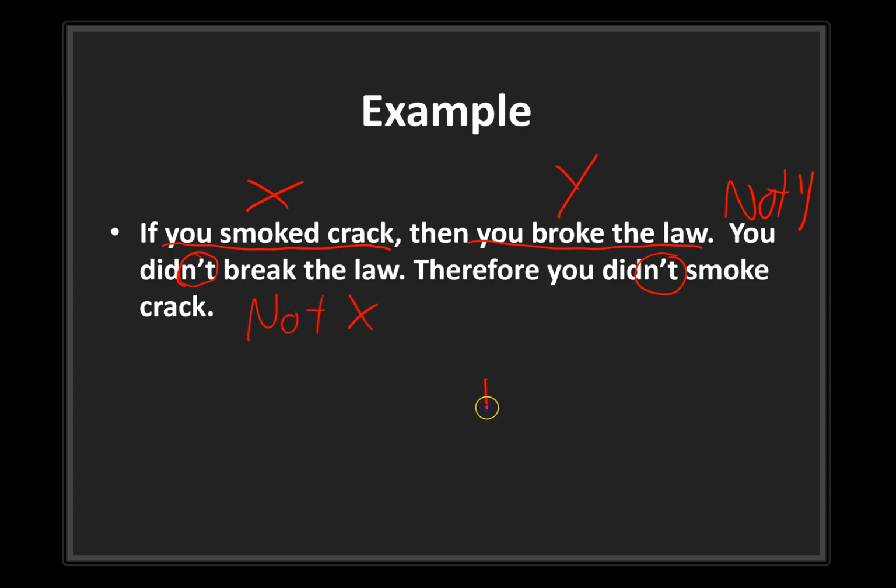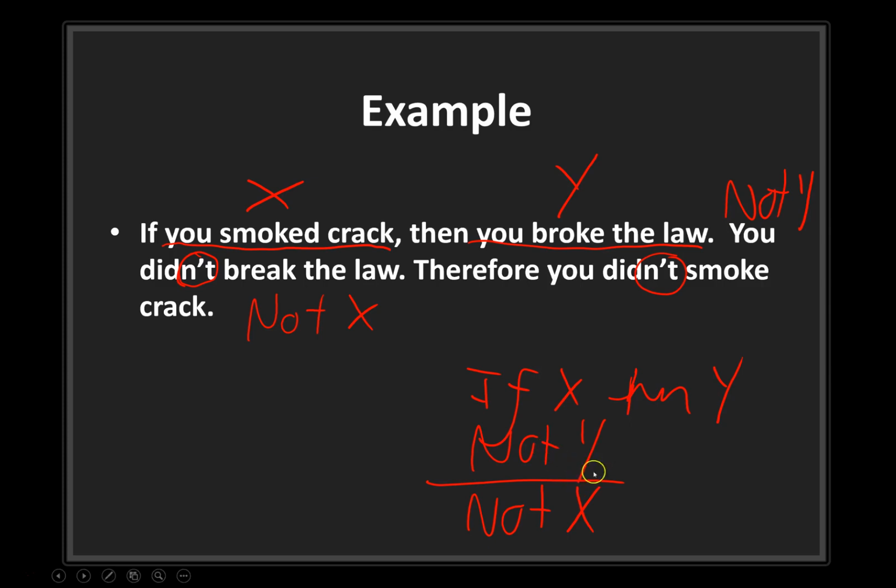Right? If X, then Y, not Y, therefore not X. And then you look, you say, hey, that is coming at me in the modus tollens form, which is a valid form. So you'd say valid, modus tollens.